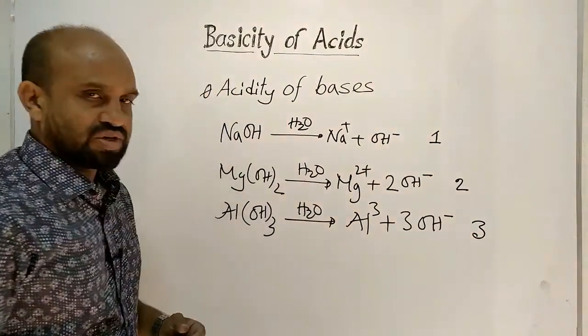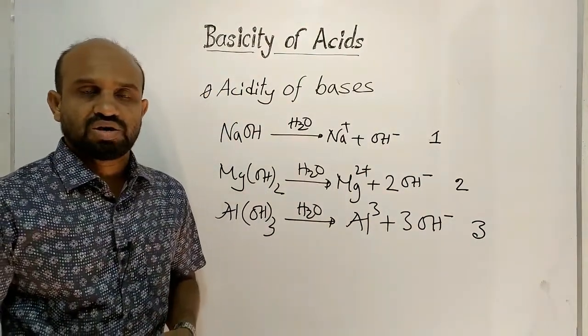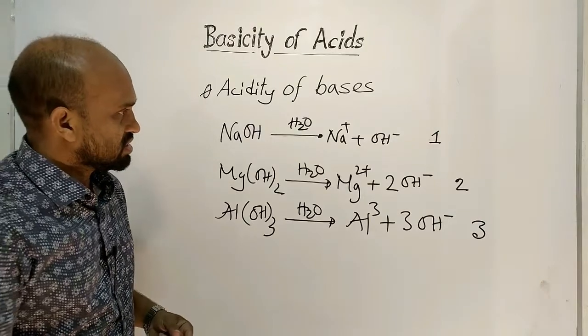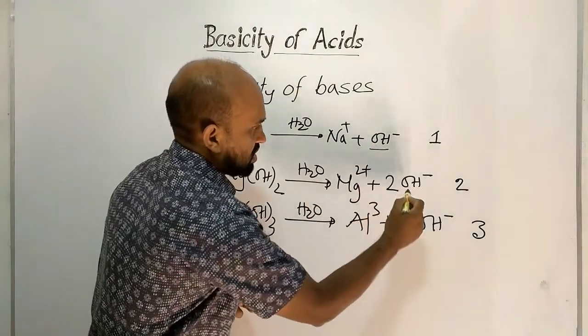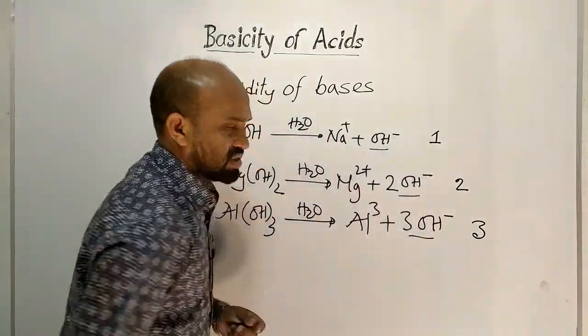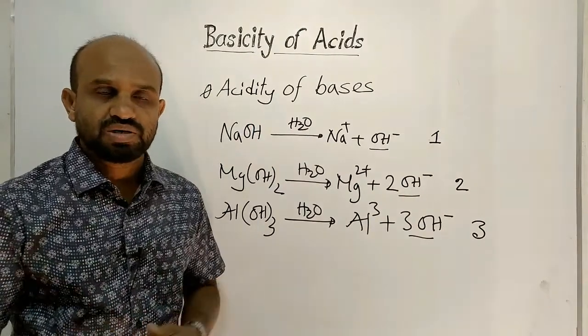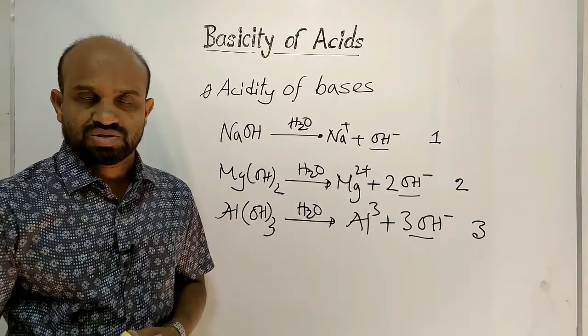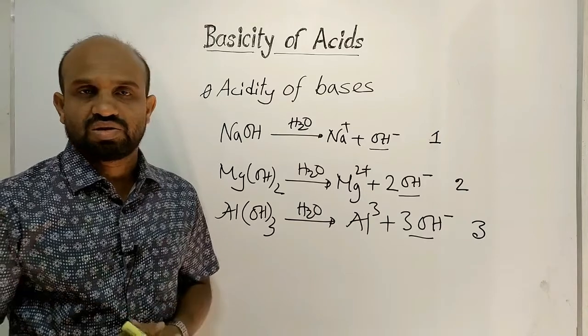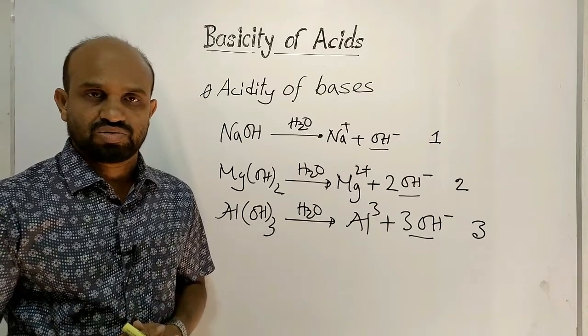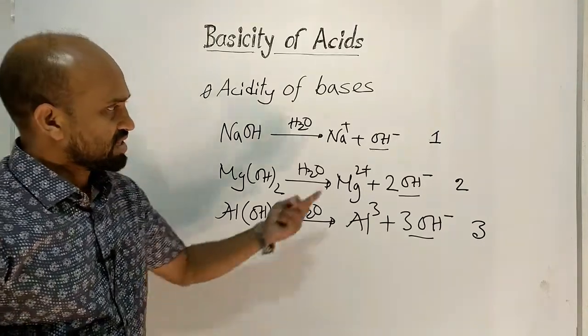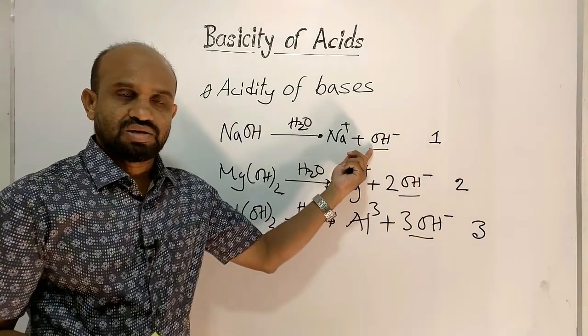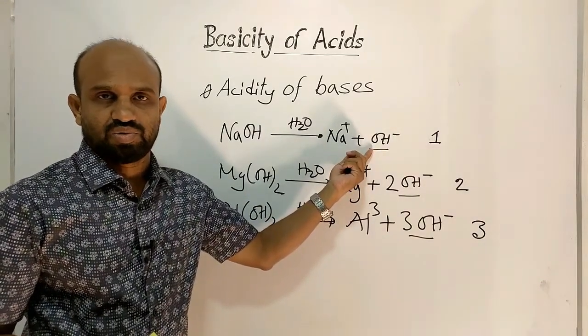Now let's see the definition of acidity of bases. The number of hydroxide ions that is produced from a particular base in aqueous solution is called the acidity of the particular base. If the hydroxide ion is 1, then its acidity will be 1.